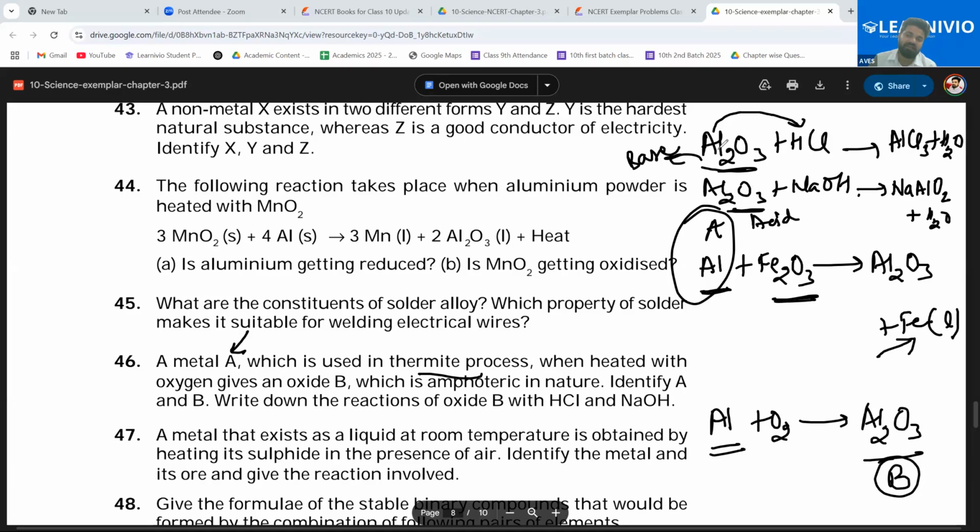When it reacts with acid, it reacts like a base because it is an amphoteric oxide. Okay?